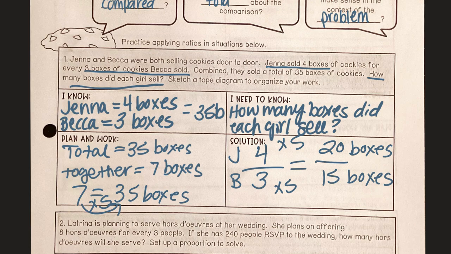So is this answer reasonable for our problem? And the answer is yes, because 20 plus 15 equals 35, and that's how many boxes they sold in total together.